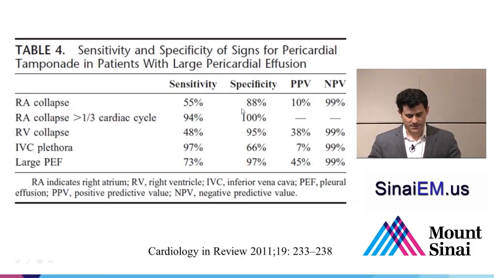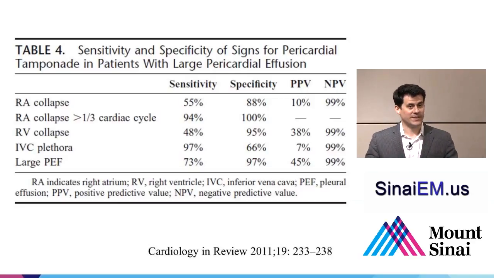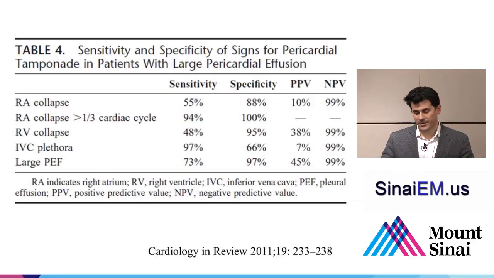And despite the fact that there's probably one or two of you that are paying enough attention to read the bottom here, pleural effusion is described in the table contents here, but throughout the text of the article, it's meant to be pericardial effusion. So large pericardial effusion is very specific, but IVC plethora is probably the most sensitive sign. And there are some people who feel that if you don't have a large dilated inferior vena cava, you don't have pericardial tamponade.